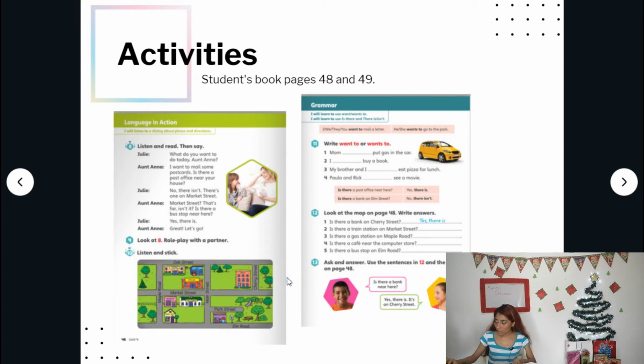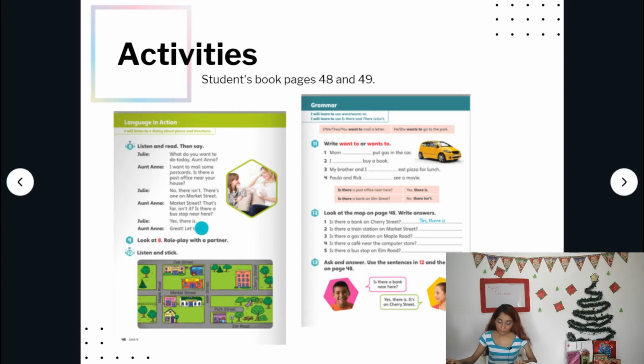In this other street, we have bus stop, a park, restaurant, and a bank. And you need to pay attention also to the names of the streets. Ahora, puedes prestar atención también a los nombres de las calles.